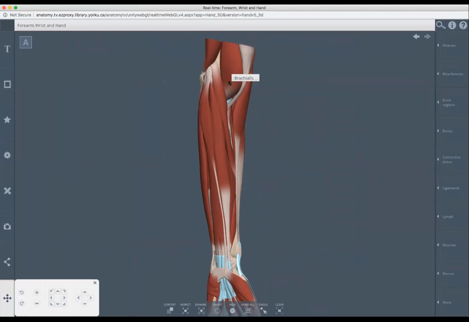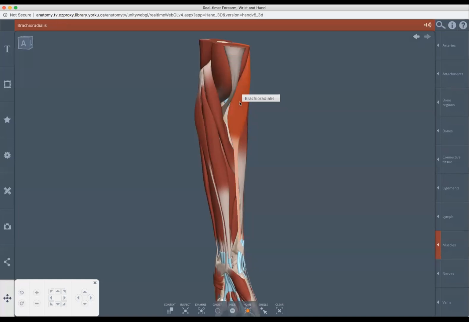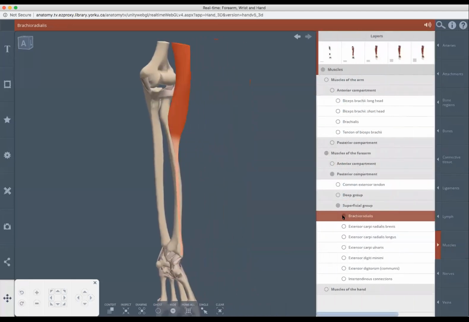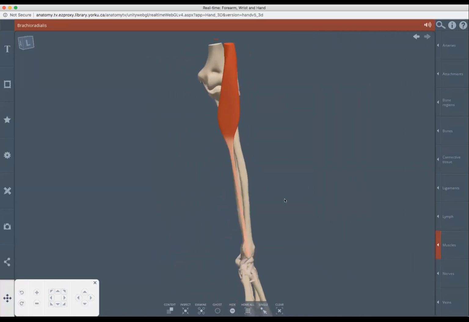Okay, so just to give you a little bit of orientation, here's your brachialis coming down, your tendon of biceps brachii, and then your brachioradialis. Okay, now let's get rid of connective tissue and ligaments. And let's get rid of all the other muscles, and just look at brachioradialis for now. Okay, so there's your brachioradialis.